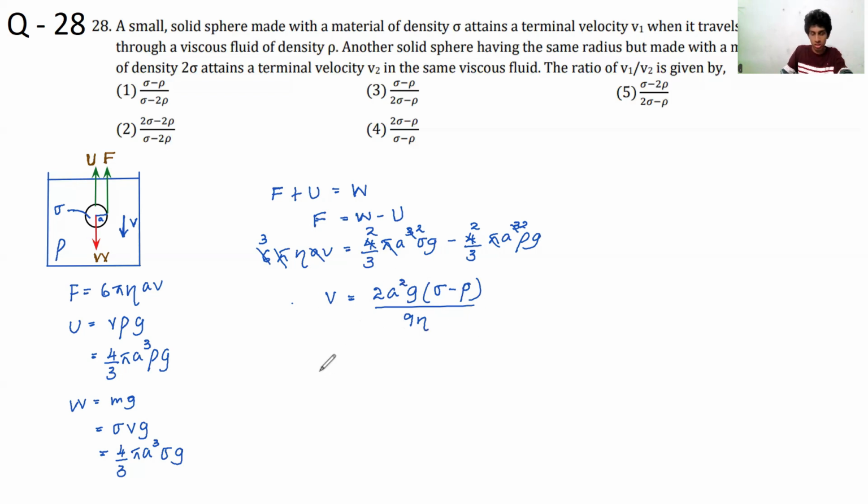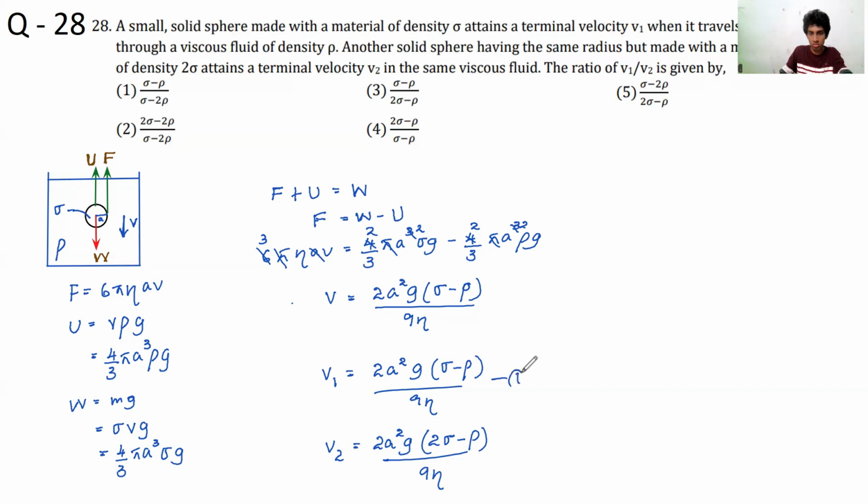So now we can write, as they have given the terminal velocity as v1, v1 is equal to 2 a to the power 2 g into sigma minus rho over 9 eta. And for the second situation, v2 is 2 a to the power 2 g into 2 sigma minus rho over 9 eta.